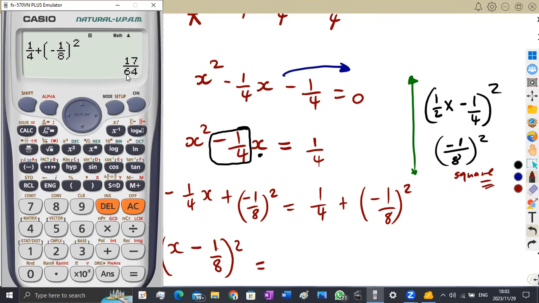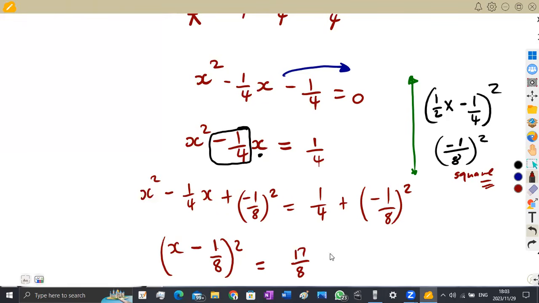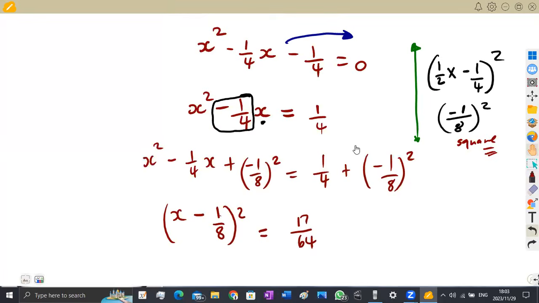So this will give us 17 over, is it 8 or 64? 17/64 like this, okay?